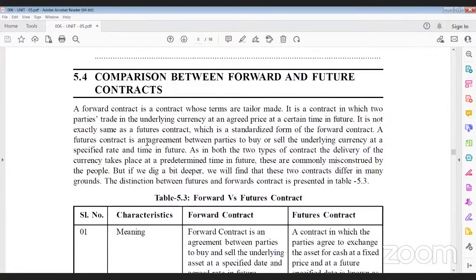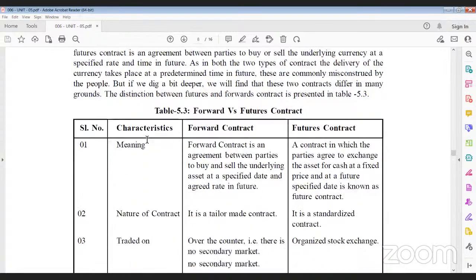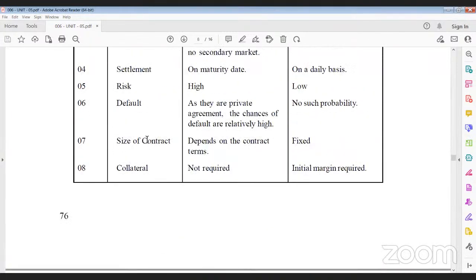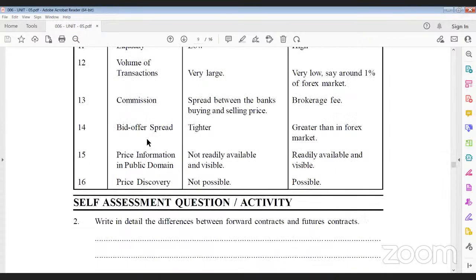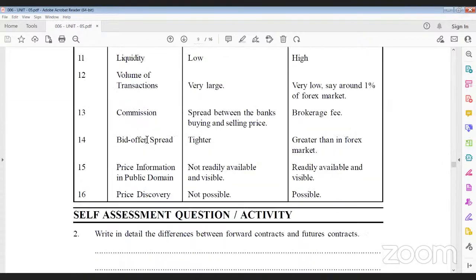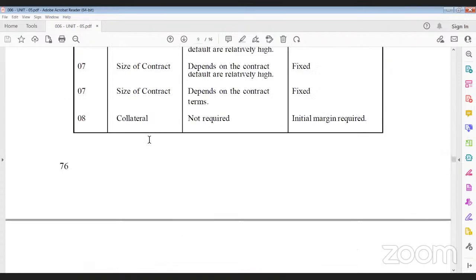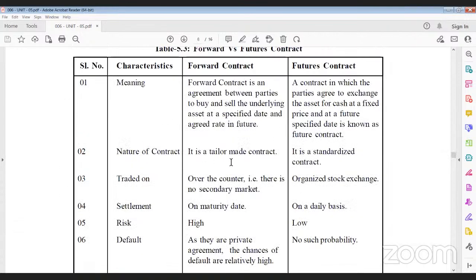Okay, next let us move on to the next topic, comparison between forward and future contract. Here the forward and future contract is being differentiated on these lines. Around 16 headings we have. Let's start with meaning.